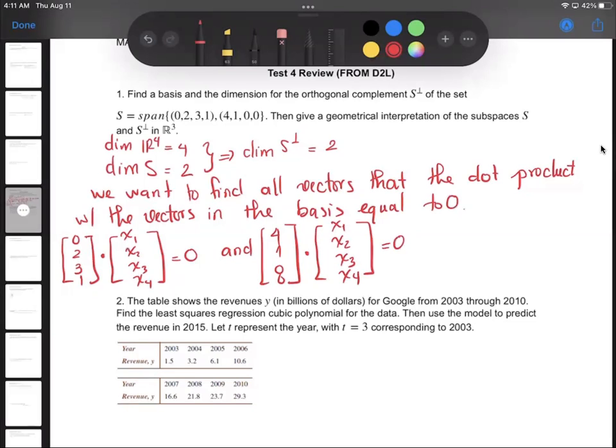Now, this can be written as A transpose times U equals vector 0.